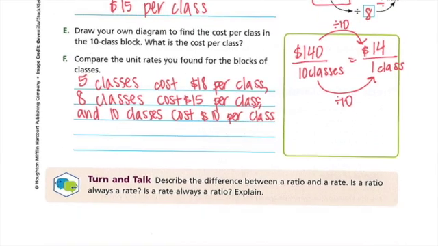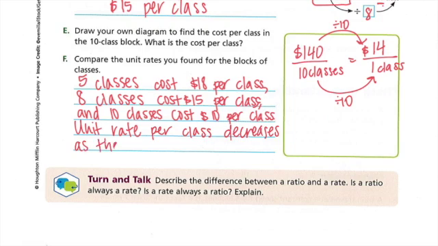So basically we notice that the unit rate per class decreases as the number of classes per block increases.